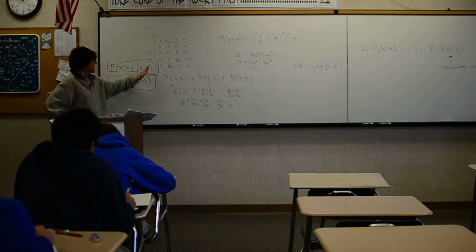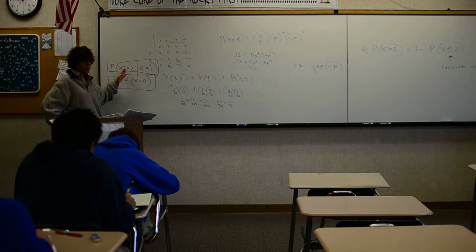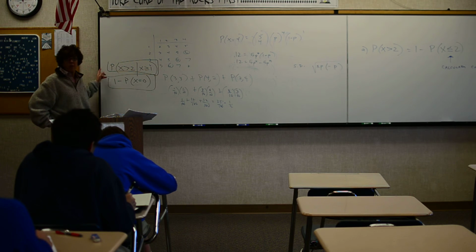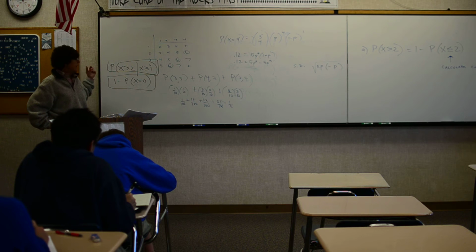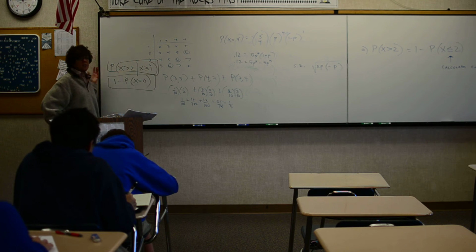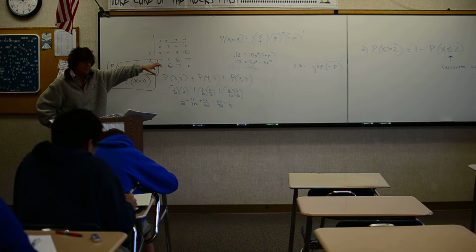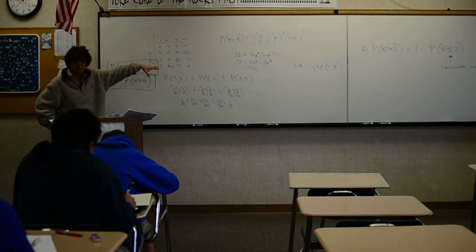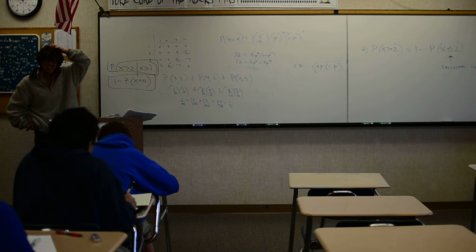So given that it's greater than, what's the probability that it's greater than 2? 2, 3, 4, 5, dot dot dot. And this is given that it's greater than or equal to 1, which is 1, 2, 3, dot dot dot. So the only one I have left is that 0. Does that make sense? Mm-hmm.